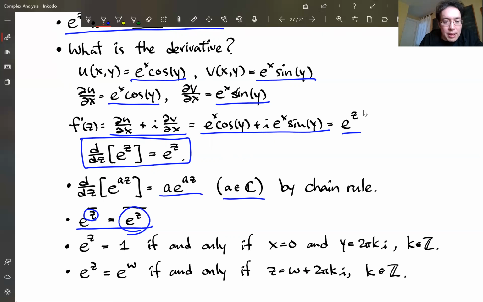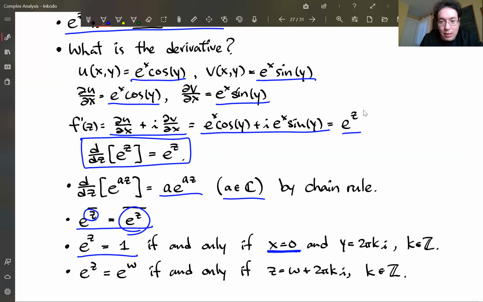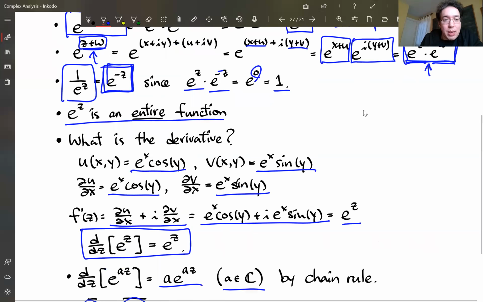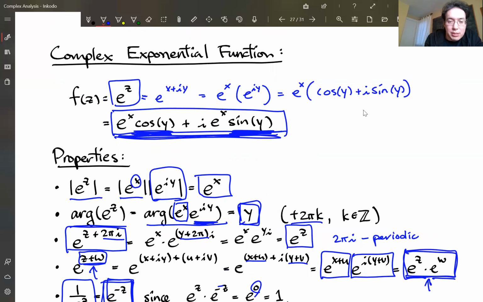Okay. All right. So let's see. e to the z is equal to 1 if and only if x is equal to 0. And that has to be true because the modulus of 1 is equal to 1. And the only way to get the modulus of 1 is if e to the x is equal to 1.